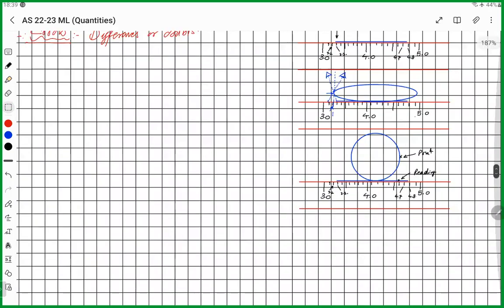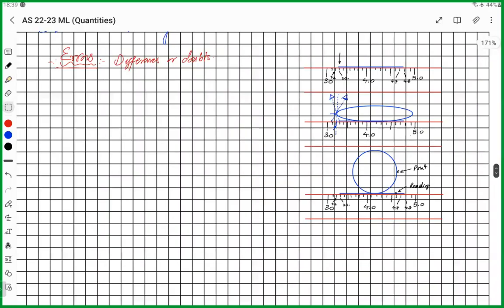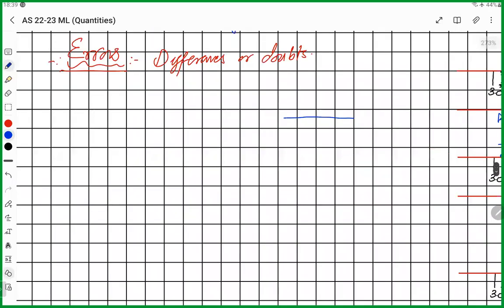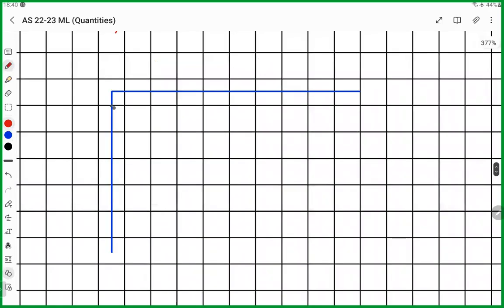Another example is, for example, there is an edge like this and this. These are two walls, and somebody asks you to measure this length, and you use a ruler for that.